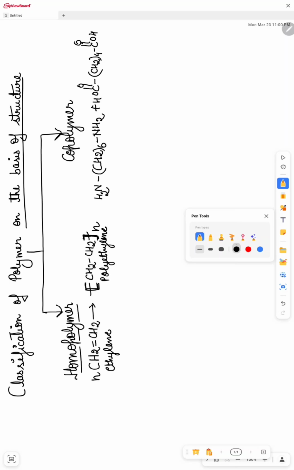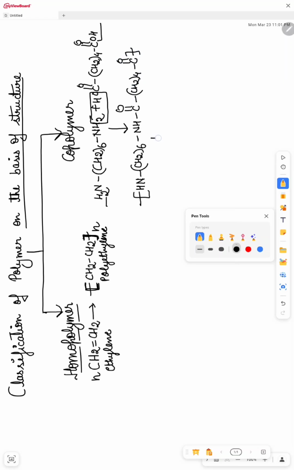So removal of water molecules will take place, one H from this side and OH. So a water molecule is eliminated on this side and also on that side, with the other monomers of hexamethylene diamine and adipic acid. So the formation of (CH2)6, NH and CO, (CH2)4 and CO. So this is the formation of the very important nylon 6,6.